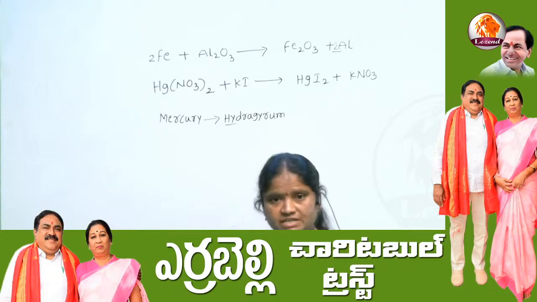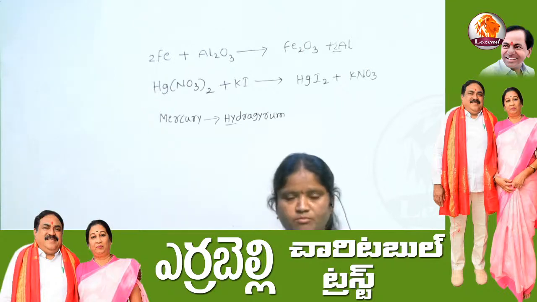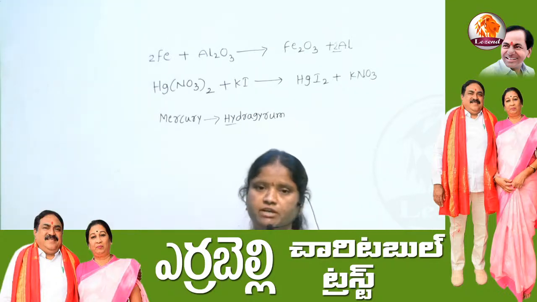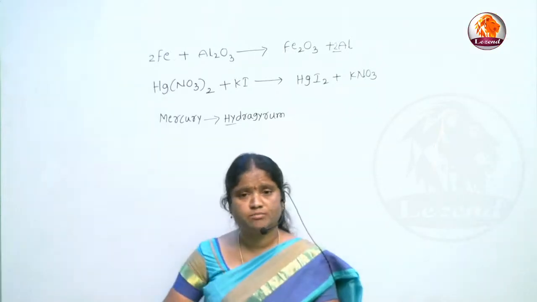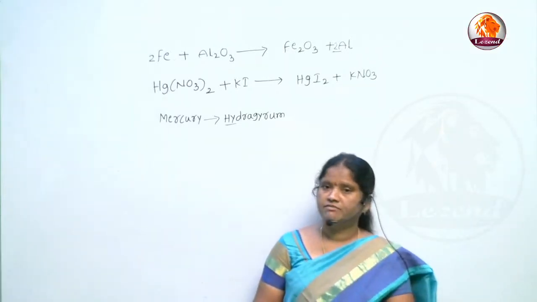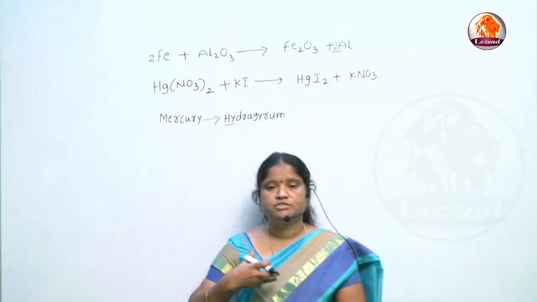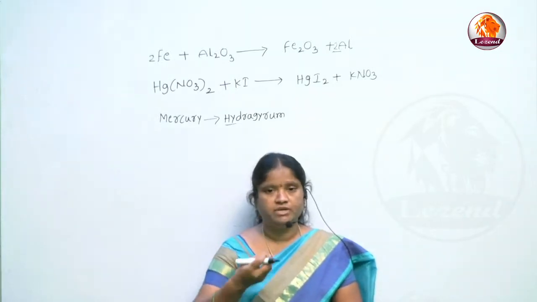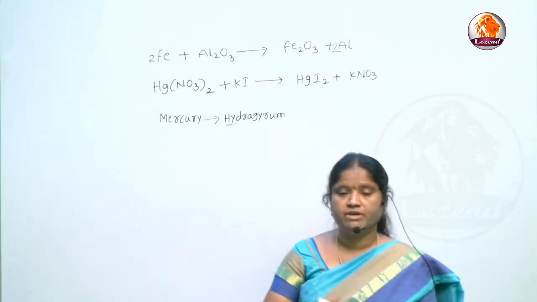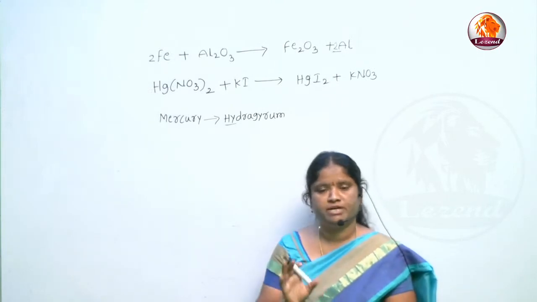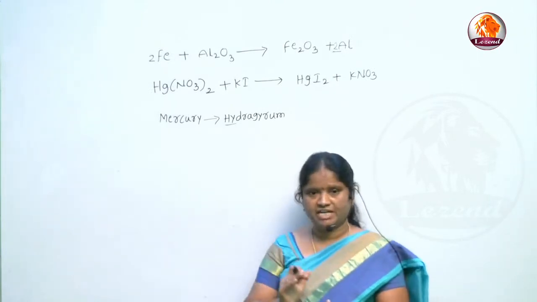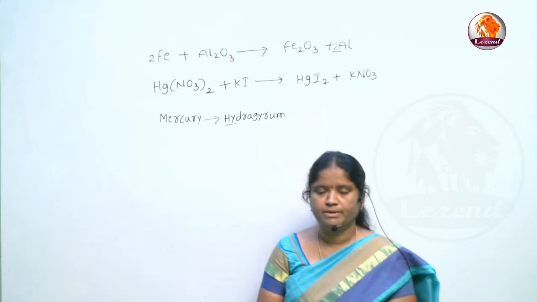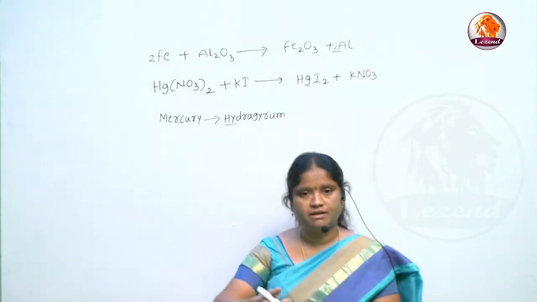So that's why, when the next element starts with the same letter, we can go for the second letter. Sometimes the second letter we consider according to the pronunciation, on which letter we make the stress while pronouncing the symbol of the element, whether from its Latin name or the general name of the element.